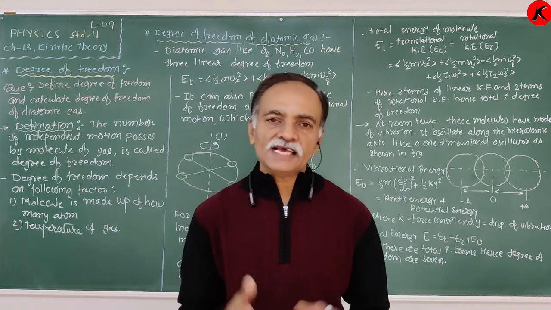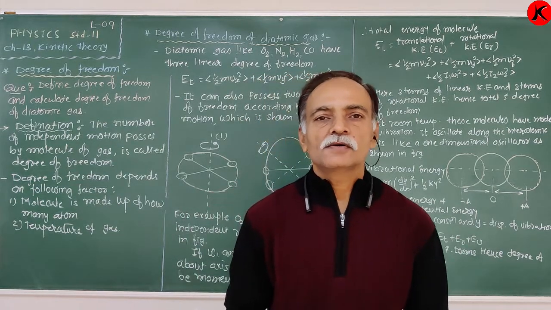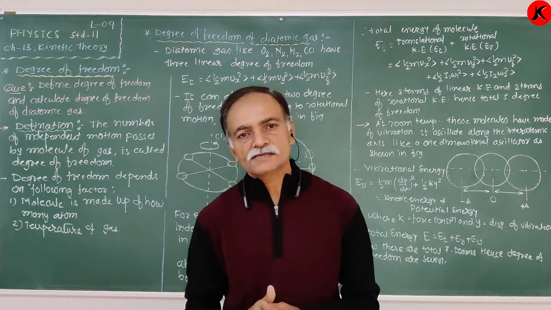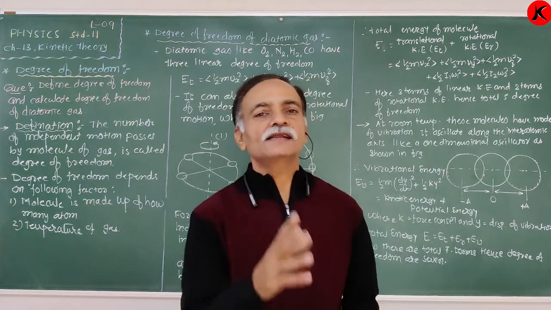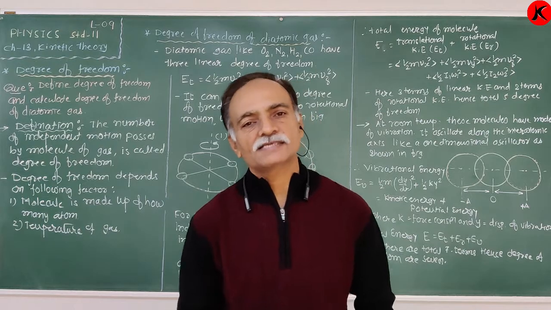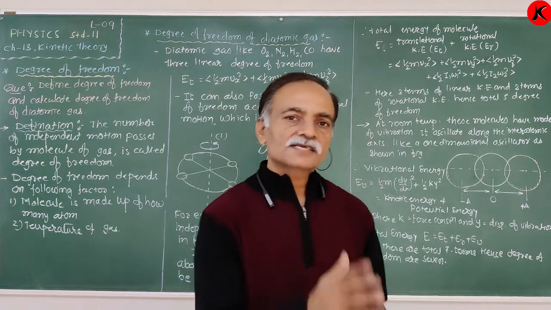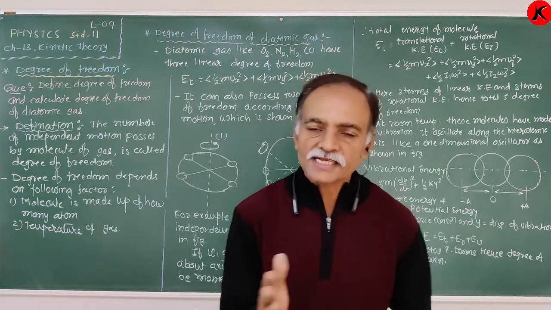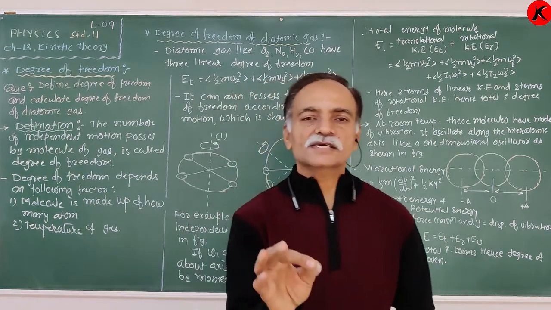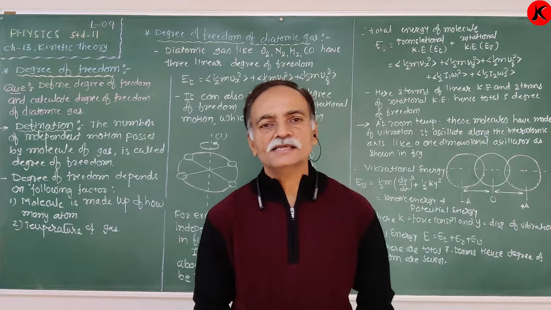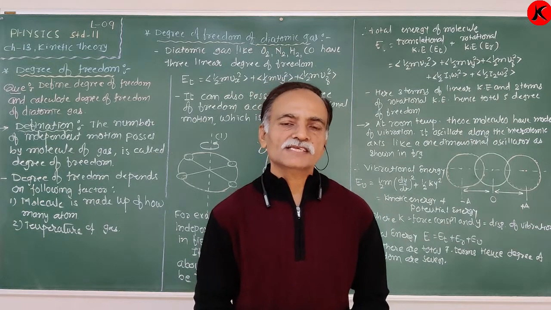The molecule of a gas performs random motion. That means in each direction it travels until it suffers a collision. When it suffers a collision, its direction of motion is changed. But here this motion is only linear motion, that means motion on a straight line.